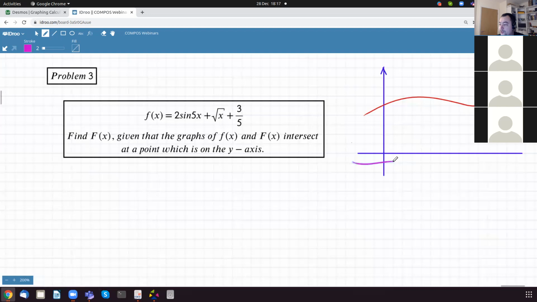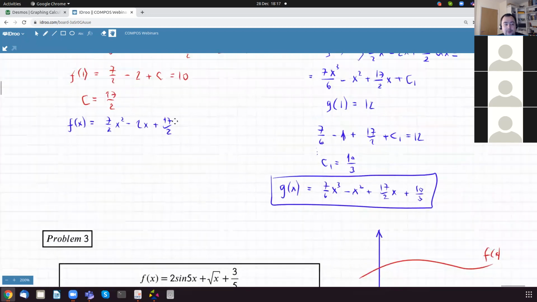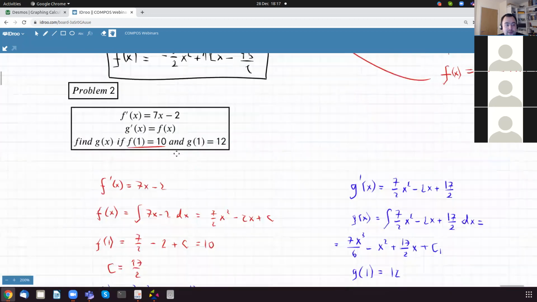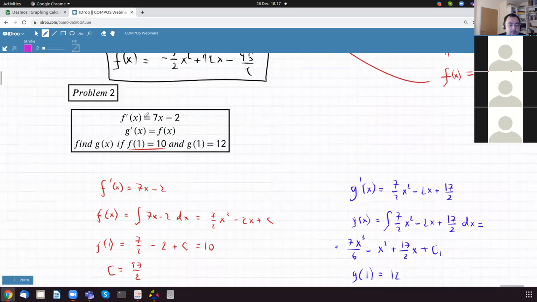You could use a double integral. You could say that g prime is f of x and f prime. So basically that means that g double prime of x is equal to 7x minus 2. And then work from there.